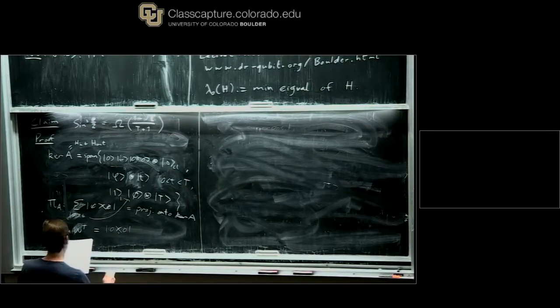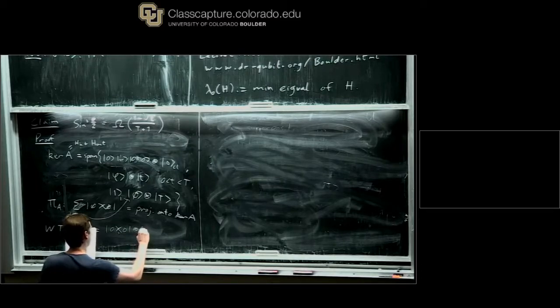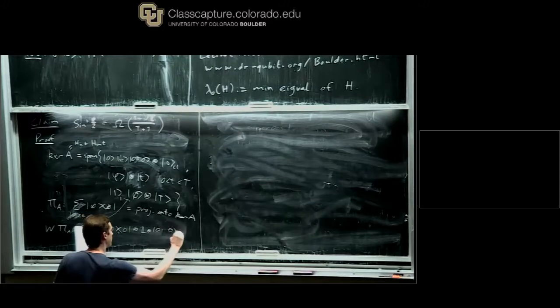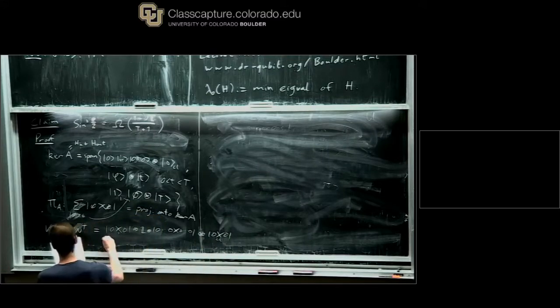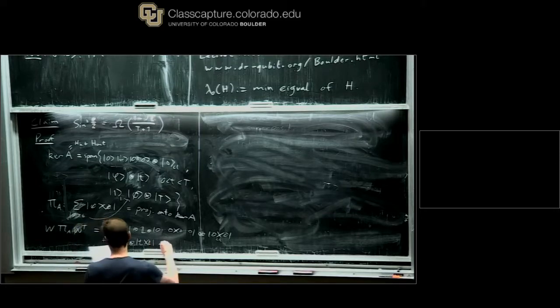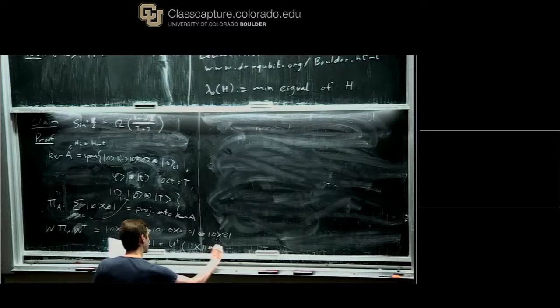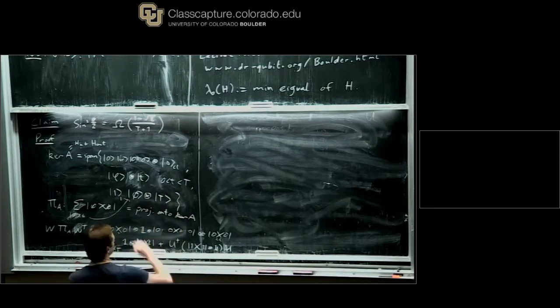I have a projector onto 0 on the ancillas, tensor 0 on the clock, plus the sum over t, 0 smaller than t smaller than capital T, identity tensor t, plus U dagger, 1 tensor identity, just 1 on the output qubit, U. So this is really literally just multiplying W by the sum of the states in this set and writing out what you get.